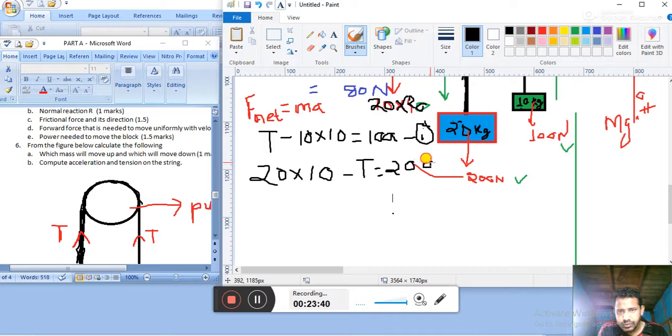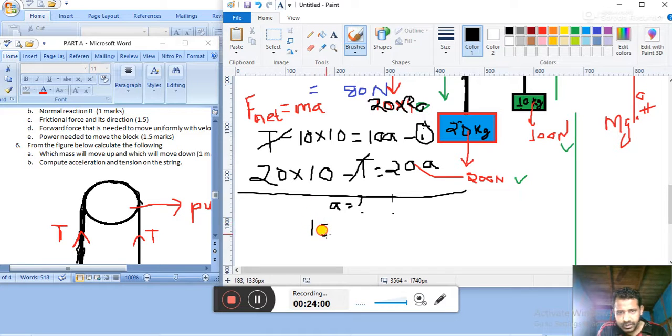Now add these two equations, you will get the value of a, and plug the value of a into either equation to get the value of T. If I add these two equations, T and T cancel out, and you will get 200 minus 100, that will be 100.